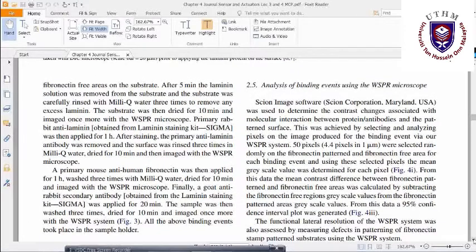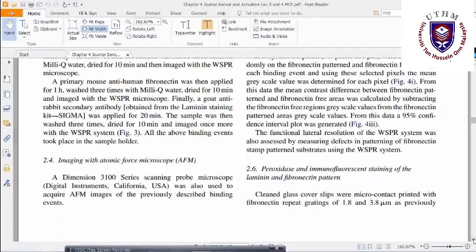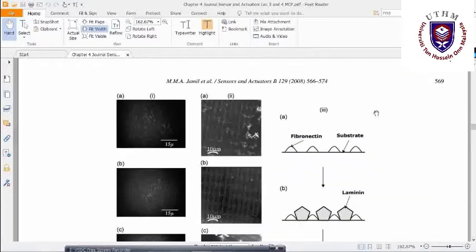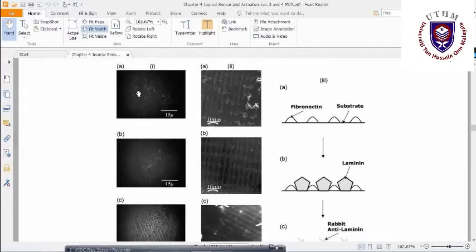After that, the purpose of the stamping is that we want to look at how sensitive the surface plasmon system, the wide field surface plasmon system, is. So I'll explain a little bit on the results. The figures in the left column, A, B, C, D, are from the wide field surface plasmon, and A, B, C, D on the right side are the AFM images, atomic force microscope.